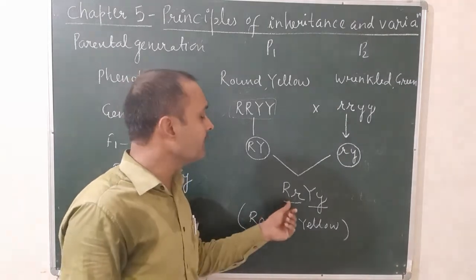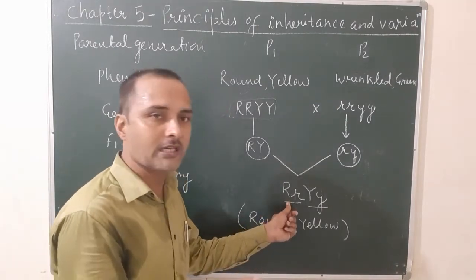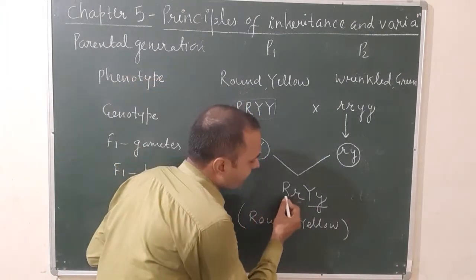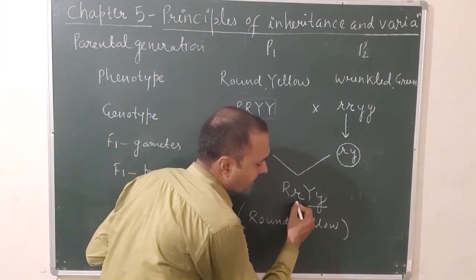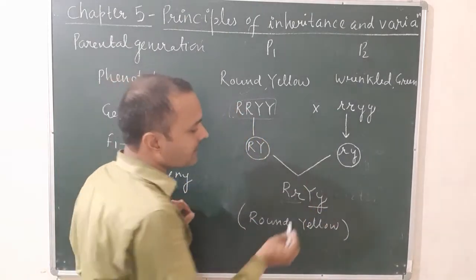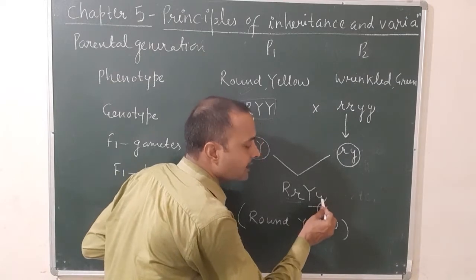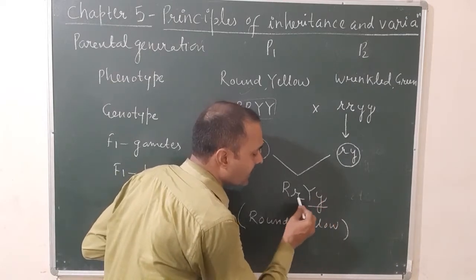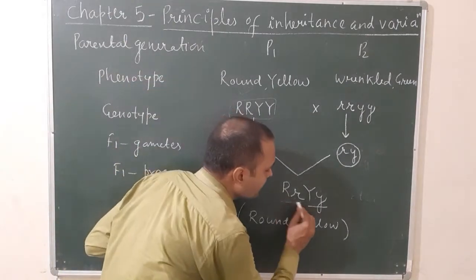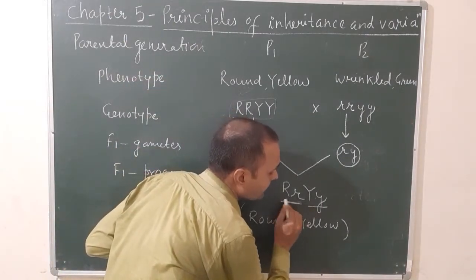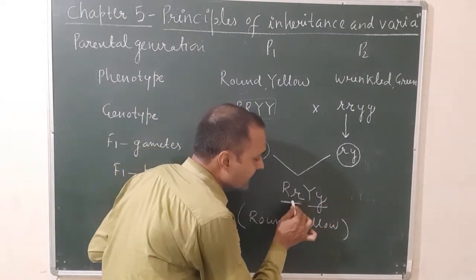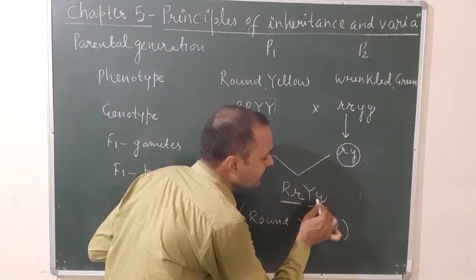When two pairs of traits occur in a hybrid, during gamete formation, this capital R, small r pair independently segregates with this capital Y, small y. Or you can say capital Y and small y independently segregate with capital R and small r. That means one pair independently segregates from the other pair.